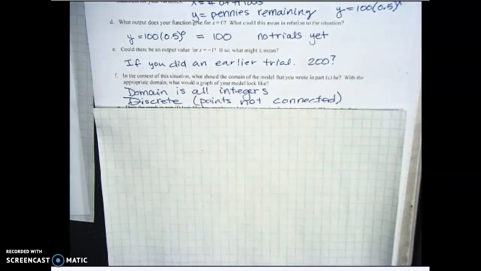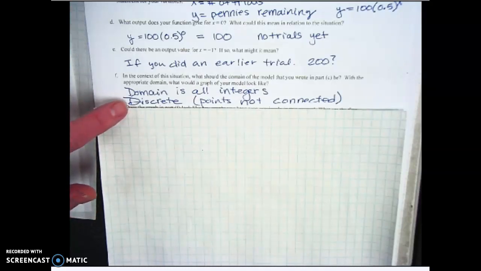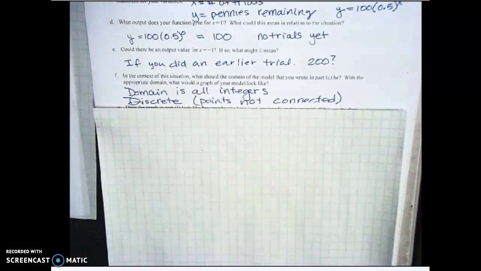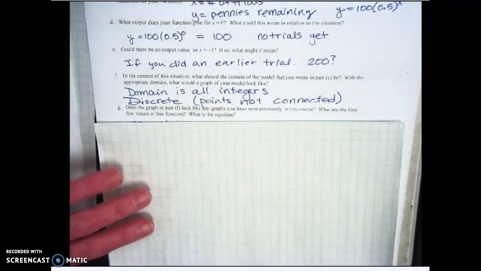Could you have trial 2.3? No. You're not going to just dump out part of it. You're going to dump out the whole thing, right? You have this complete trial. So it's not going to contain decimals. It's not going to contain fractions, okay? And as we said on the previous page, it's discrete. That means your points are not connected. Okay, when I graphed it in Desmos, it just showed points, right? They were not connected.